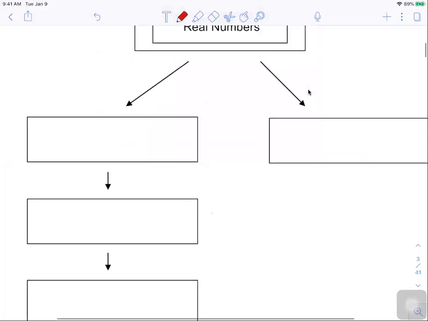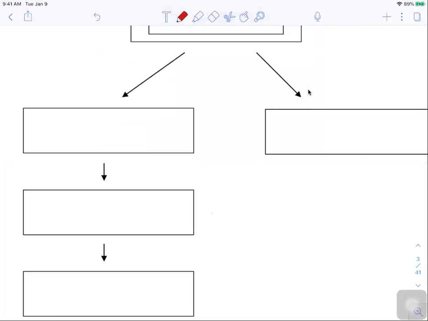So we have our real numbers, and then the real numbers break down into more specific types of numbers. The further you get down the chart, the more specific the numbers are, and the lower the amount of numbers that would exist. The first type of number we have is called a rational number. That is the biggest group of real numbers.